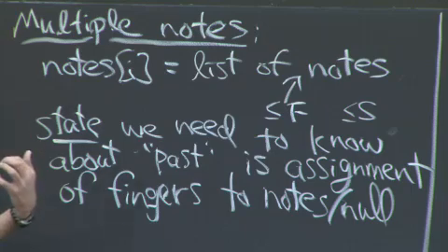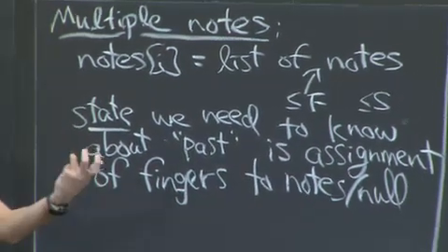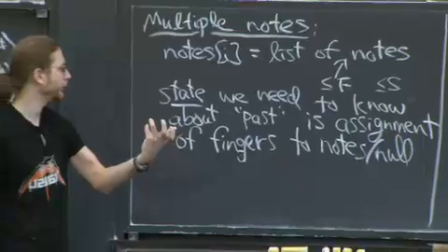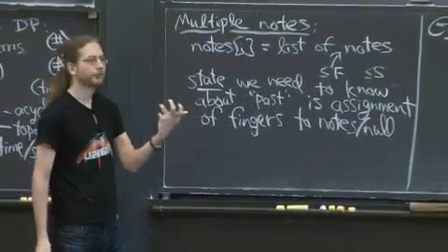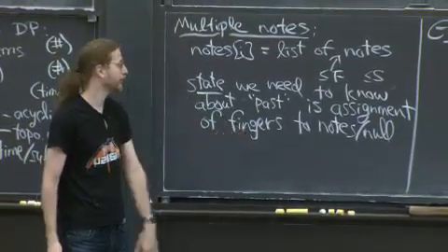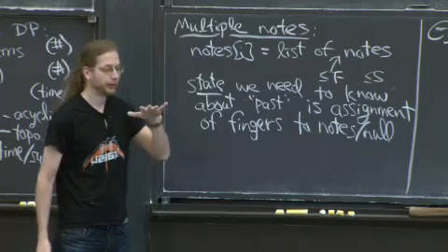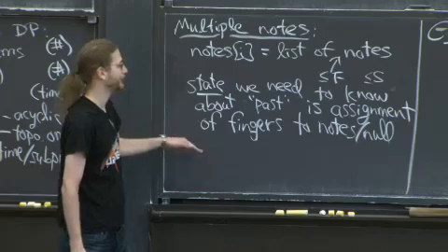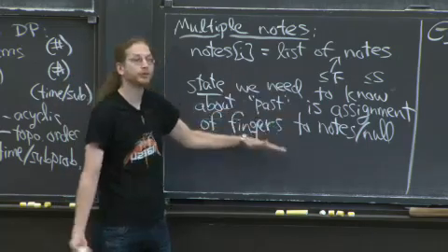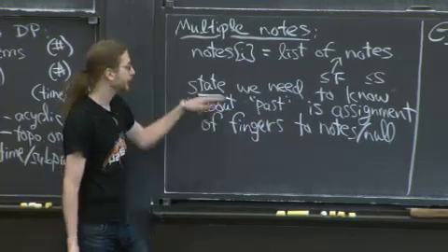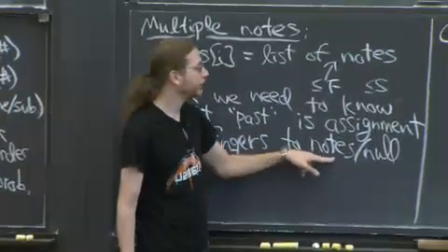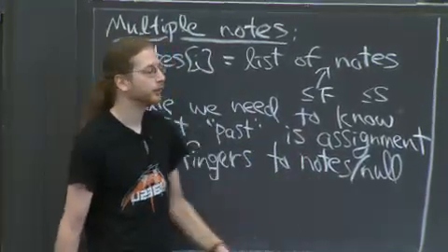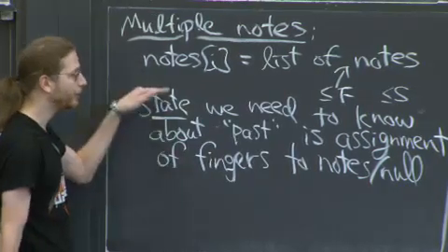So you go from one pose to another pose, from one chord to another. Different ways to finger that. Which fingers are on which strings and which frets on the guitar, which fingers are on which keys on the keyboard. But you just need to know all of that. And now all your fingers might be doing something. And you've got to know for each finger, what note is it on, or is it not being used at all?